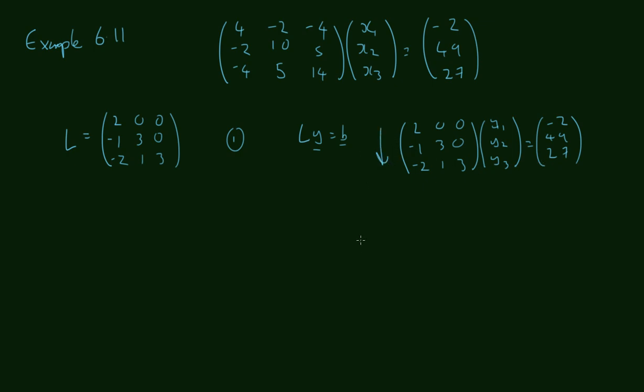We do that using forward substitution. We've got 2y1 equals -2, so y1 equals -1.